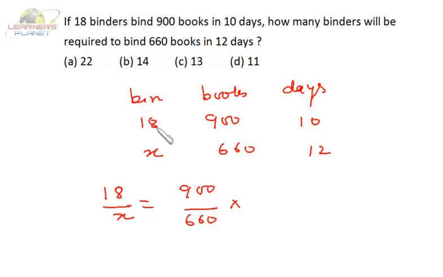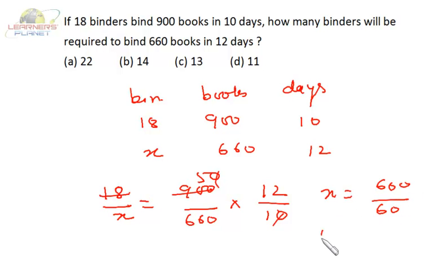So if I write 18 by X over here, I'll be writing days in reverse order, that is 12 by 10. Just calculate the value of X. So we'll be getting X is equal to 660 by 60, that is 11 binders.